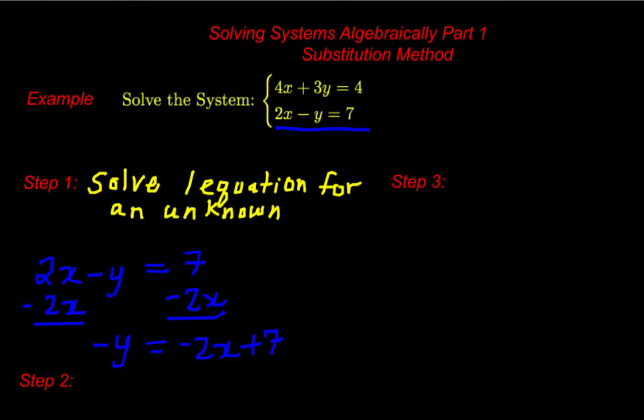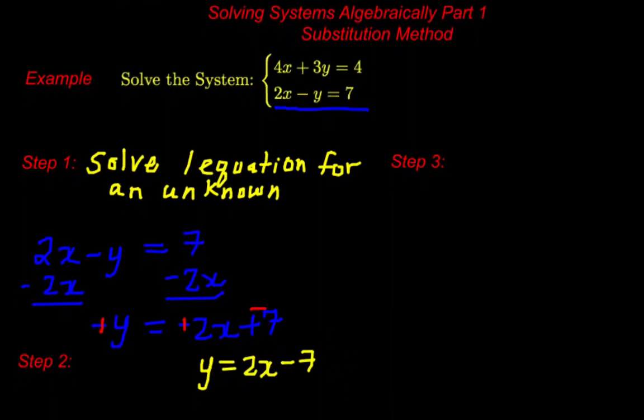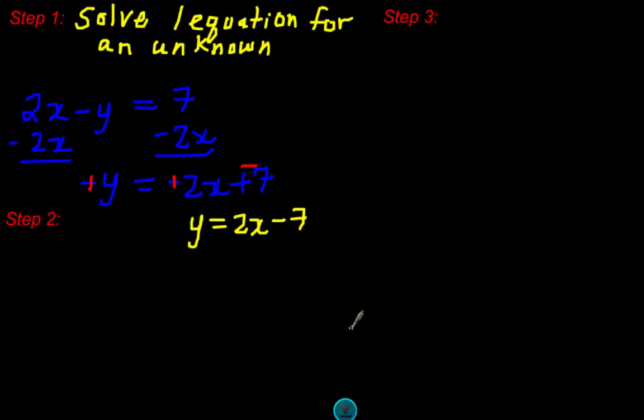Because we have negative y, we multiply through by negative 1, and we get y equals 2x minus 7.